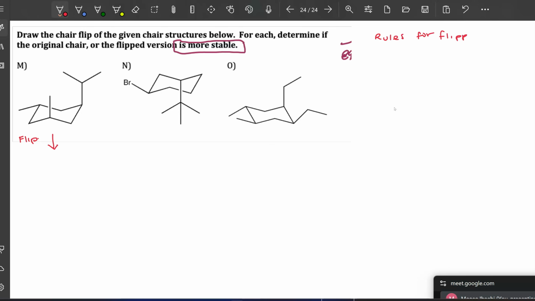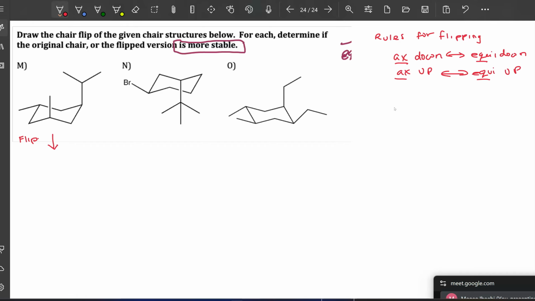When you flip it, everything that's axial becomes equatorial, and everything that's equatorial becomes axial, but you keep the down and up. So axial down interchanges with equatorial down. The down stays. Axial up interchanges with equatorial up. The up stays. The only thing you're changing is axial to equatorial, not the orientation.